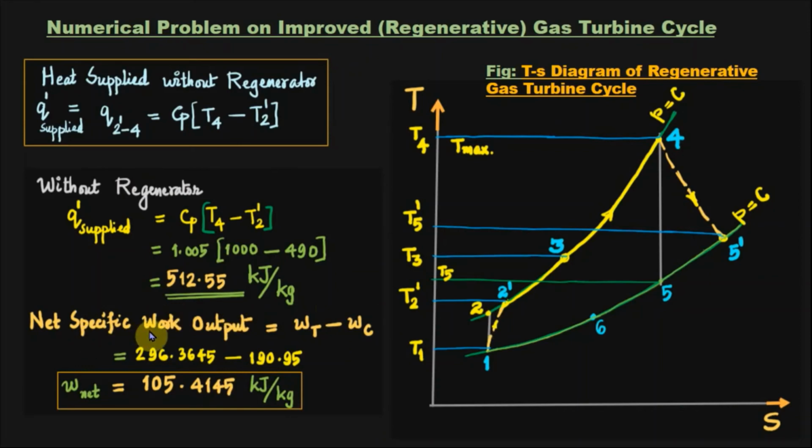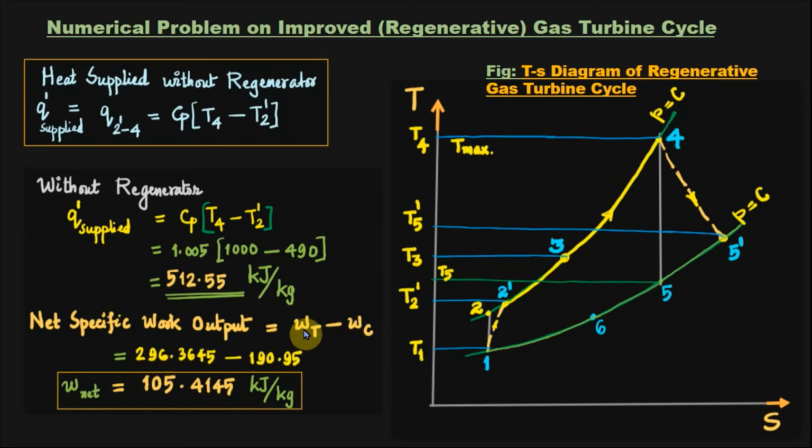The net specific work output, we know that it is the difference between the turbine work minus compressor work. See, the specific net work output will remain unaffected whether you use a regenerator or not. So the net specific work output Wt minus Wc, we have evaluated it already.